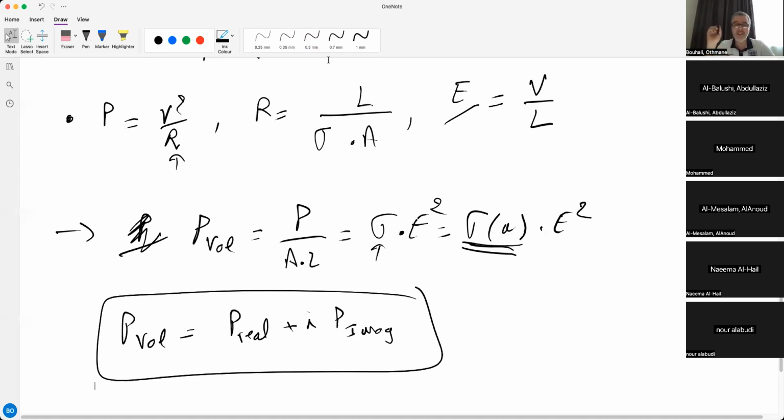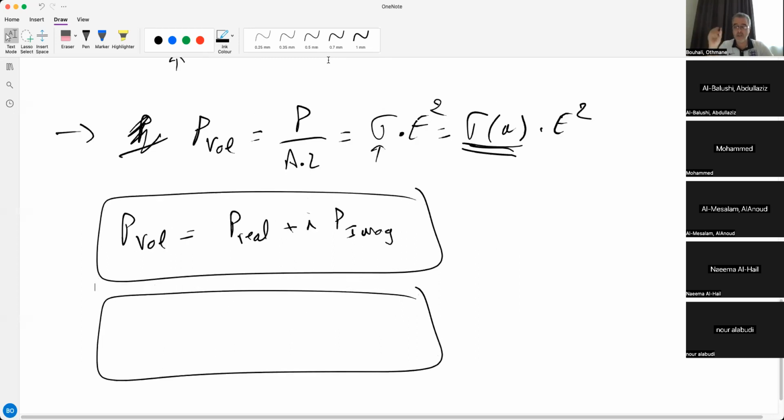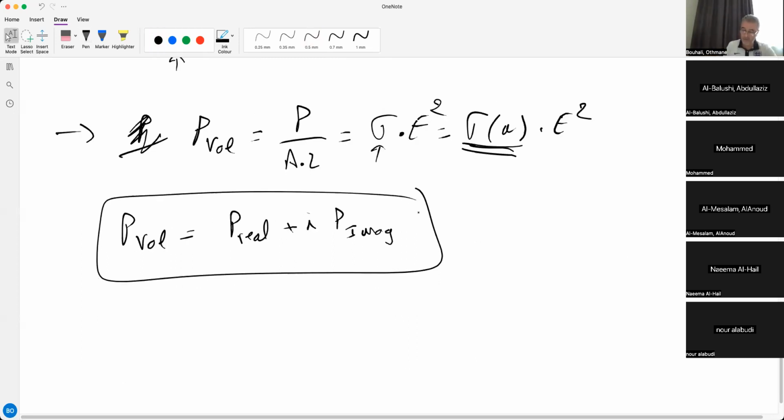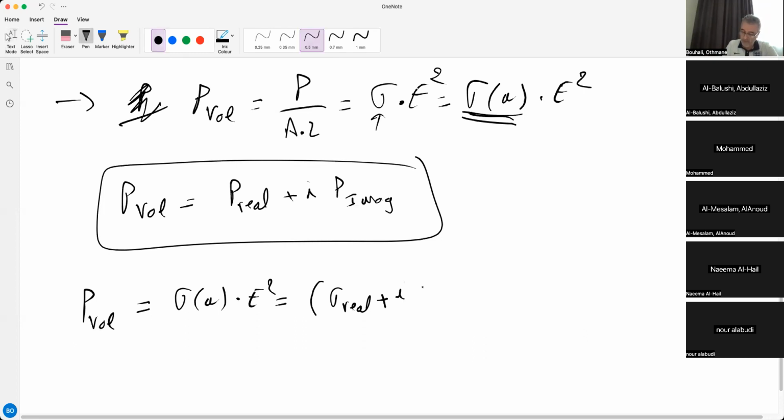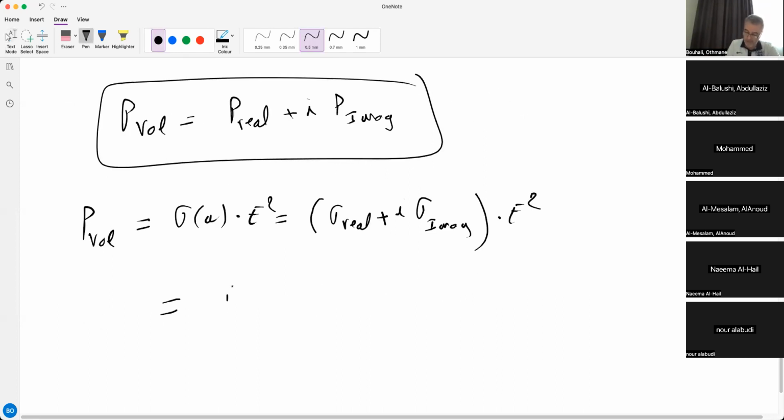Yeah, so there was a question how to calculate the imaginary part. Well, look, let's say this is the power per volume. I said that it's equal to sigma of omega times E squared, right? So obviously, sigma of omega is equal to sigma real plus i sigma imaginary, which we already calculated, times E squared. Now, this will give you sigma real times E squared.